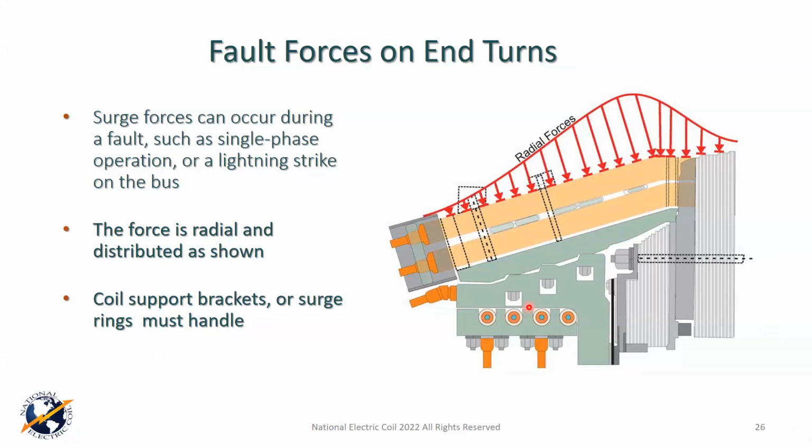Okay? And I have some pictures later, I think, talking about bump testing or a fast Fourier analysis, but in essence, if the winding, an individual coil, or some of the assemblies have a natural frequency that's approximately twice the frequency of the generator, because we have a two-pole magnet, that thing is going to be in resonance.